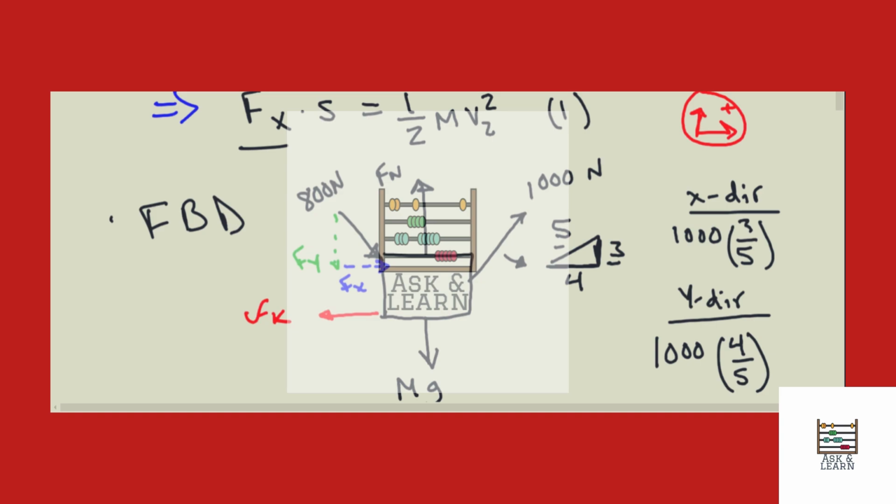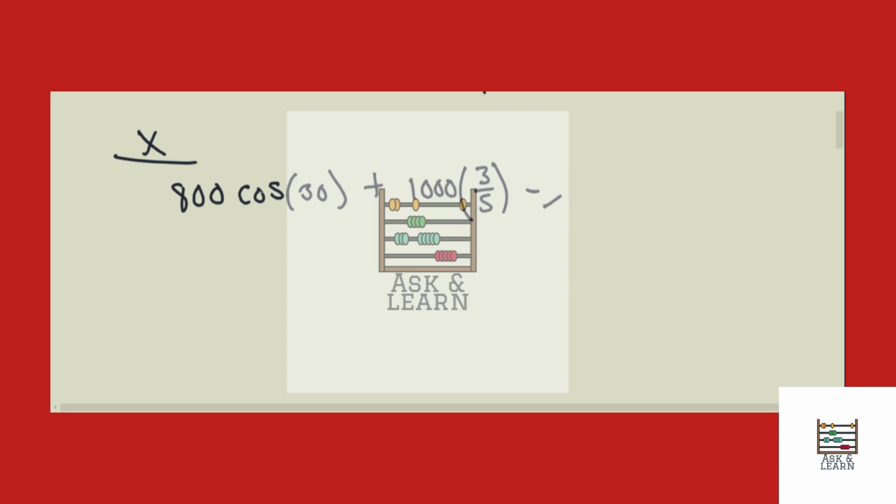So in the x direction, from the left side we have 800 cosine 30, from the right side it's plus 1,000 times 3/5, and then friction goes the opposite direction, so it's minus the coefficient of kinetic friction times the normal force, F of n.